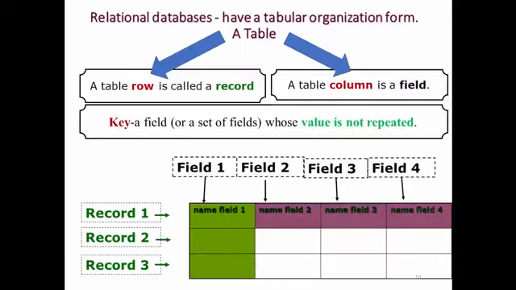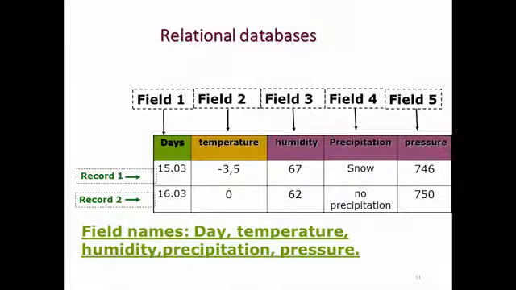A relational database has a tabular organization form. A table consists of rows and columns. A table row is called a record. A table column is a field. Key: a field or a set of fields whose value is not repeated. Field names: day, temperature, humidity, precipitation, pressure.